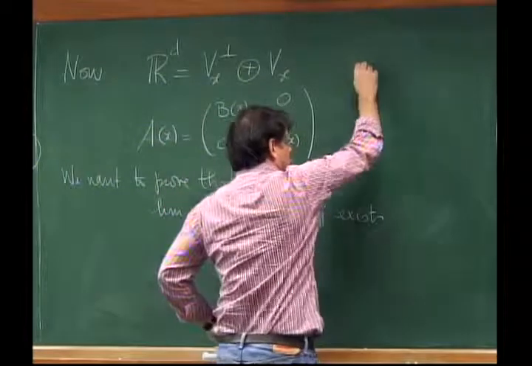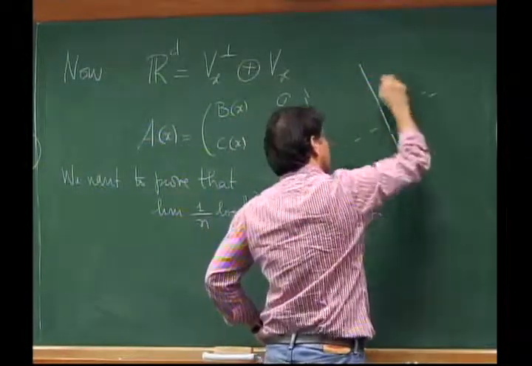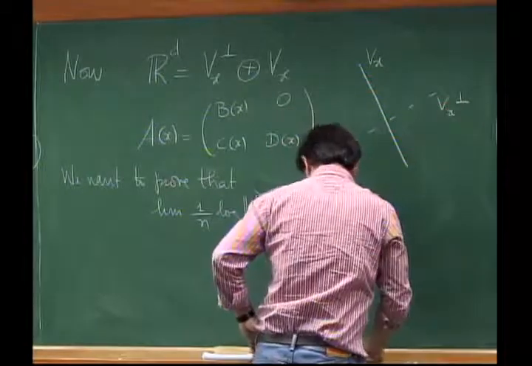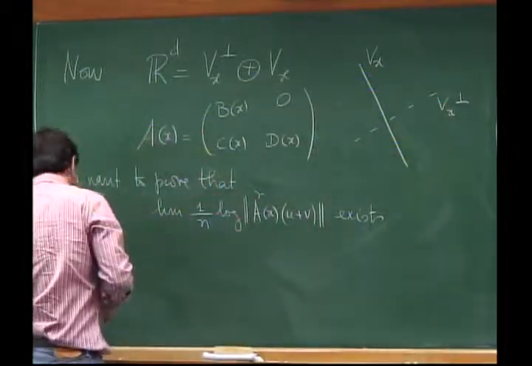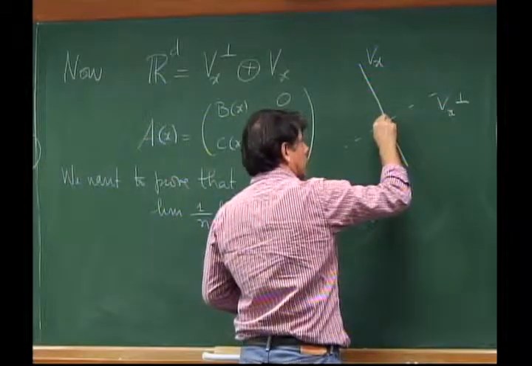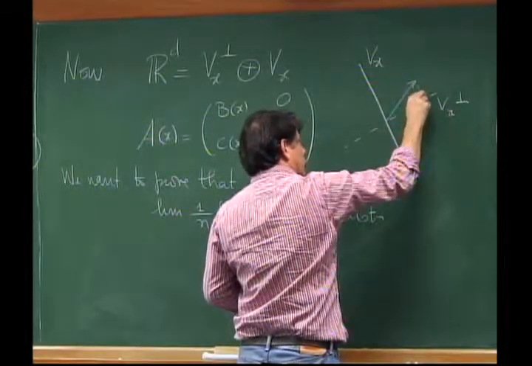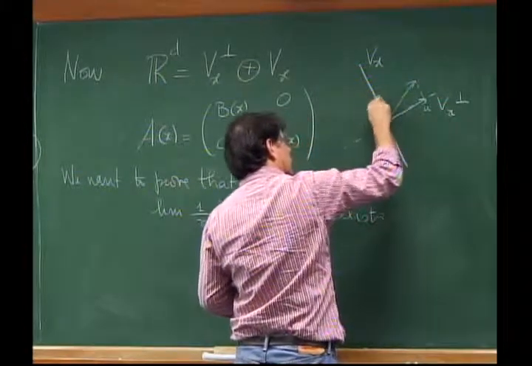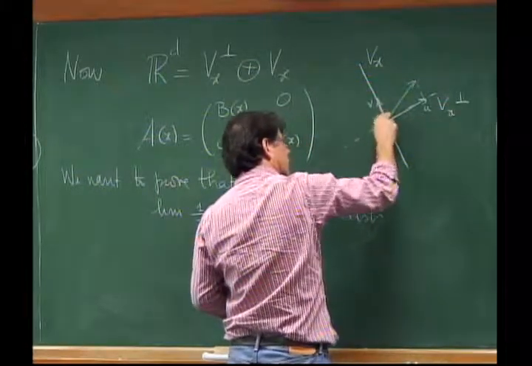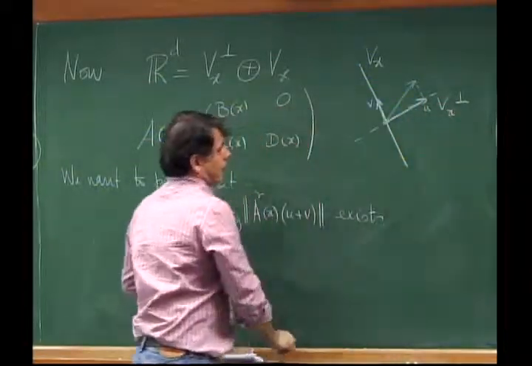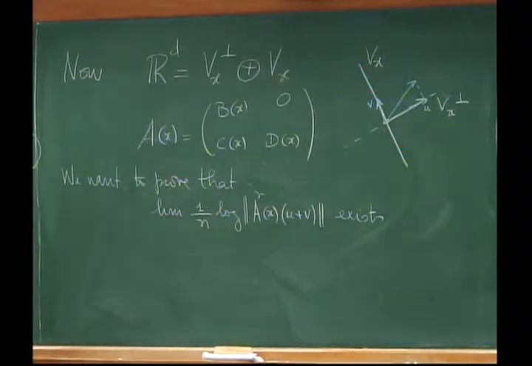So what is u plus v? U plus v means any vector here: u in this component and v in this component. We want to prove that this exists.